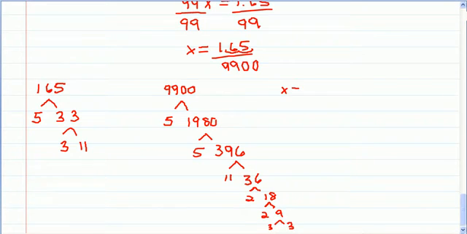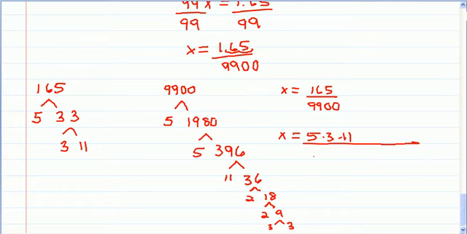So when we have x equals 165 over 9900, and I expand out 165 as 5 times 3 times 11 over 5 times 5 times 11 times 2 times 2 times 3 times 3.